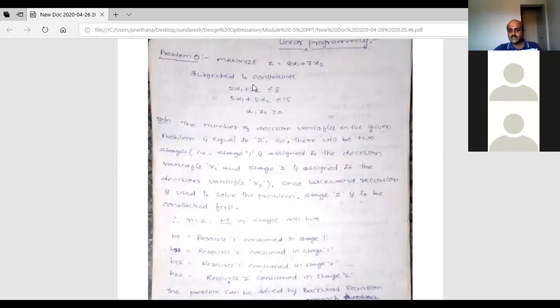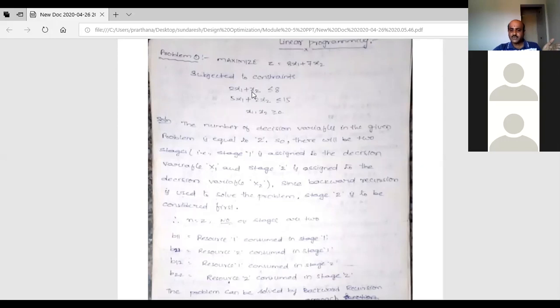So please remember this. This is how we write the expression for the recursive function for the last stage, that is, the second stage. So how do you write it? First, F2 is equal to the maximum of 7x2. This is the second stage recursive function, and then the value of x2 depends upon the resources it will consume.